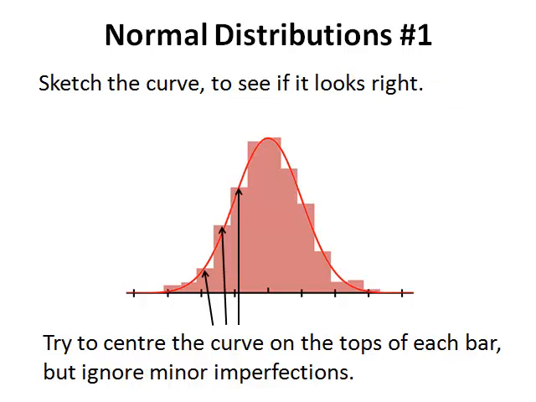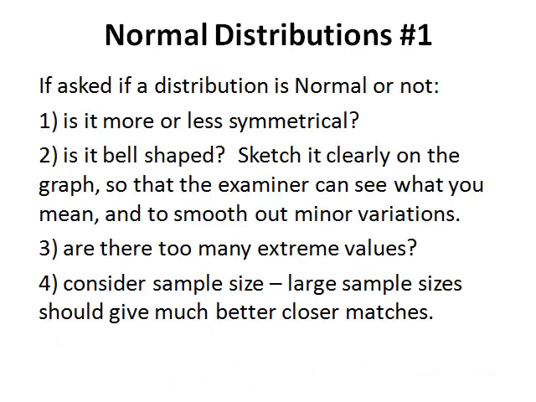Always regard the sketch as very important, and what you try and do is try to get your graph to go through the centers of each of the bars, and if you can do that, ignoring the odd variation, then you've probably got a normal distribution if it looks like a bell.